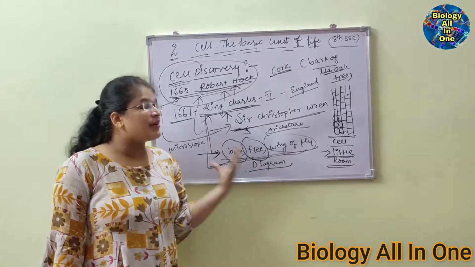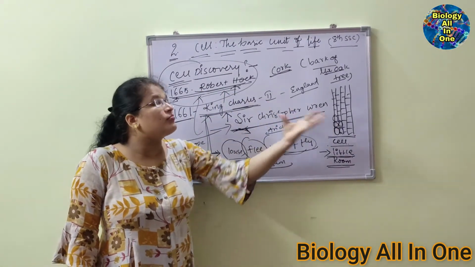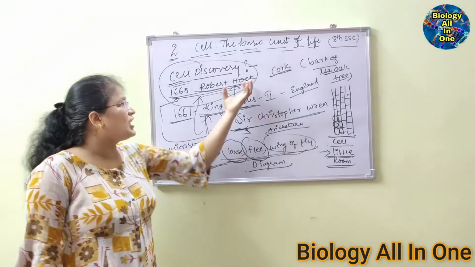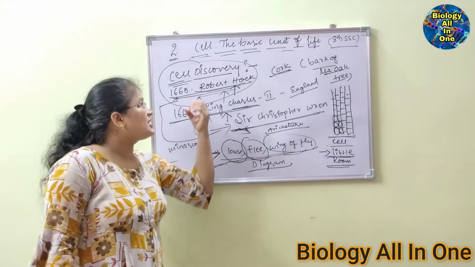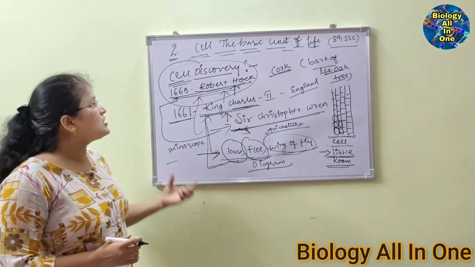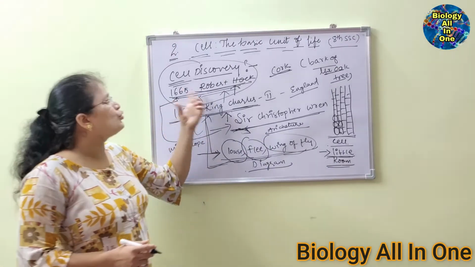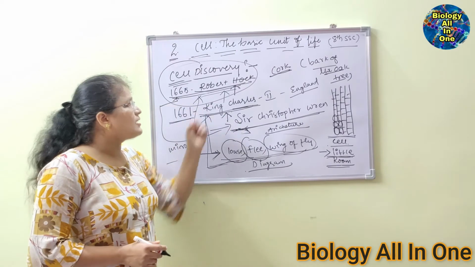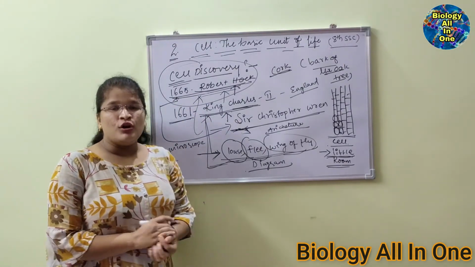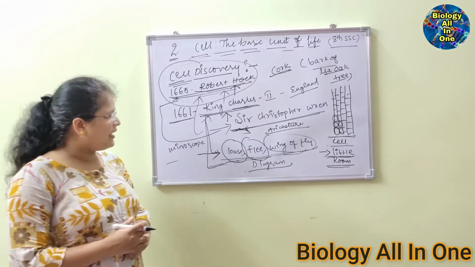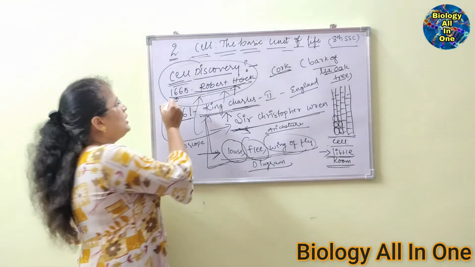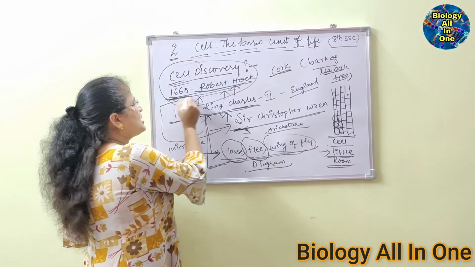This discovery created ways to observe many kinds of things under the microscope. The microbial world as well as the cells were observed due to Robert Hooke's discovery only. So, Robert Hooke is the great scientist who observed the cell for the first time in a microscope, in his own microscope in the year 1665.